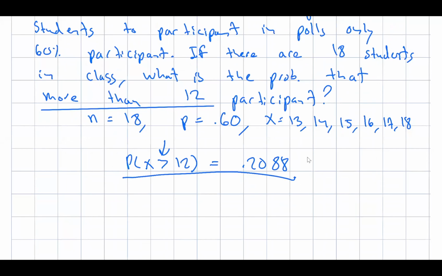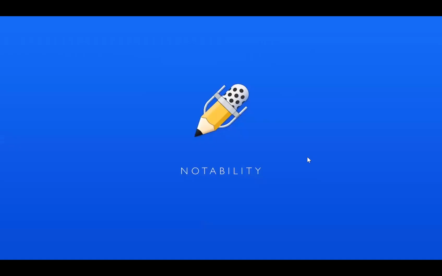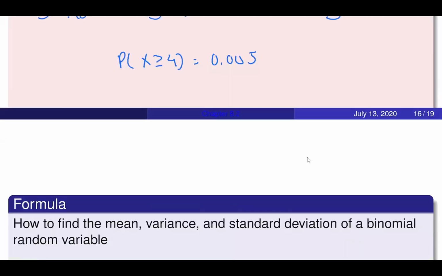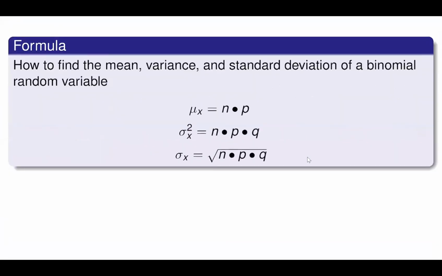All right, so let me go back to the notes. Now we're going to go over how to find the mean, the standard deviation, and the variance for a data set of binomial distribution.